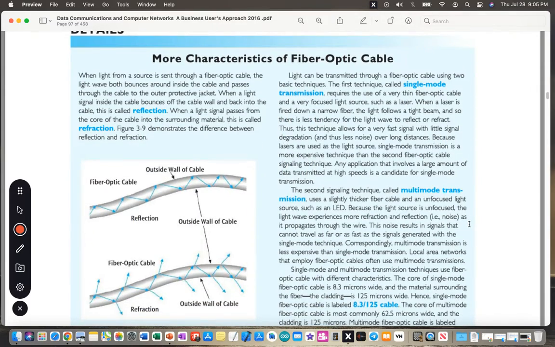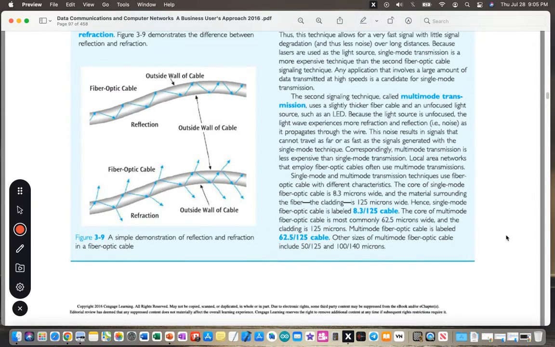So we have more characteristics about the fiber optic cable and the refraction. All right, this is refracted, and the reflection, this is reflected. All right, and single mode transmission and multi-mode transmission.